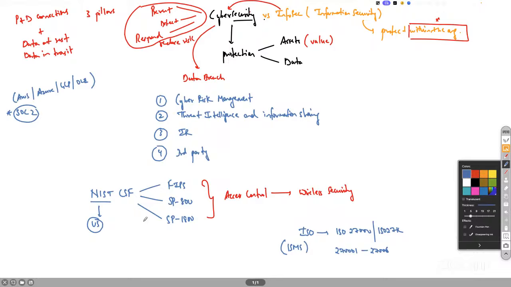Okay, so SOC 2 is one of the toughest security frameworks to implement. Okay, so SOC 2 specifies more than 60 compliance requirements, and SOC 2 does extensive auditing as well.